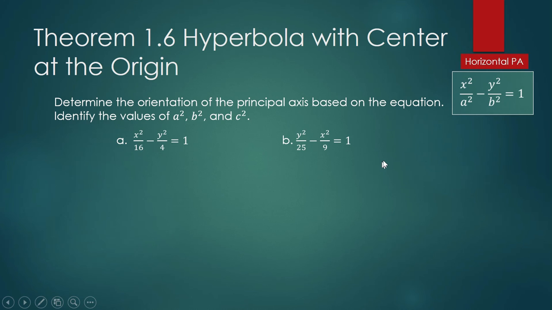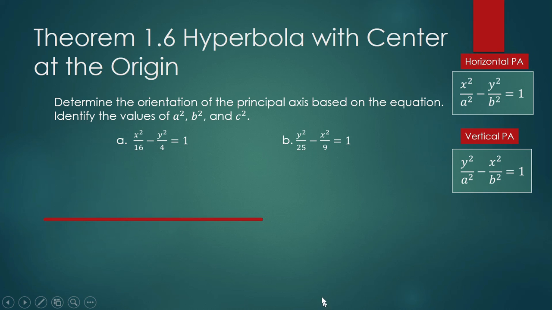I will show you as a guide the form of our equations. In standard form, this one is when your principal axis is horizontal. This one is when your principal axis is vertical. So again, let us pay attention to the subtraction. What term follows the subtraction? It's y squared. So this one is like that one. So its principal axis is going to be horizontal.